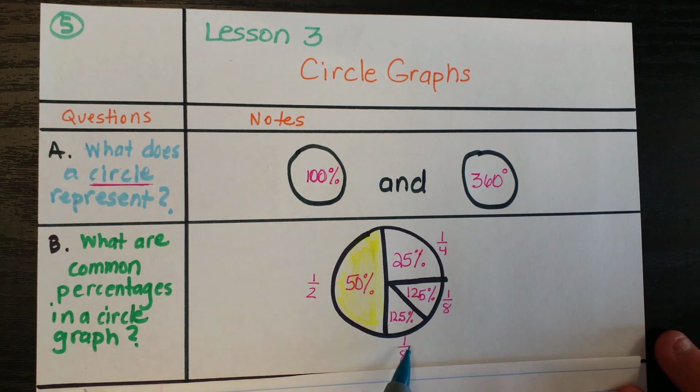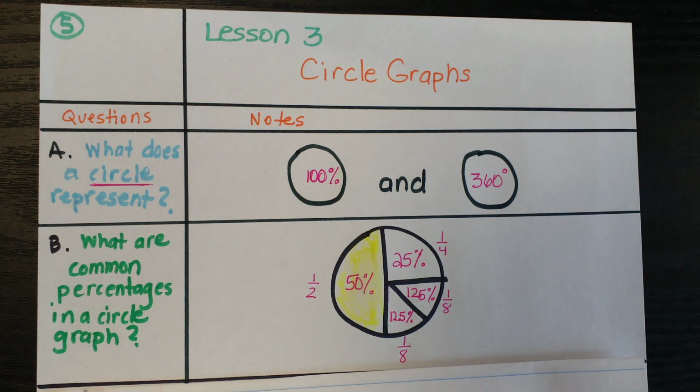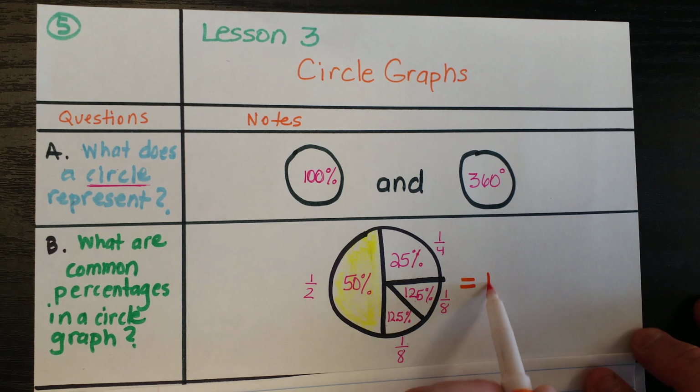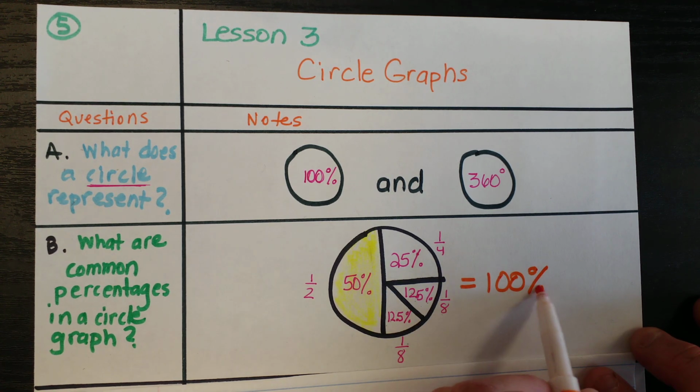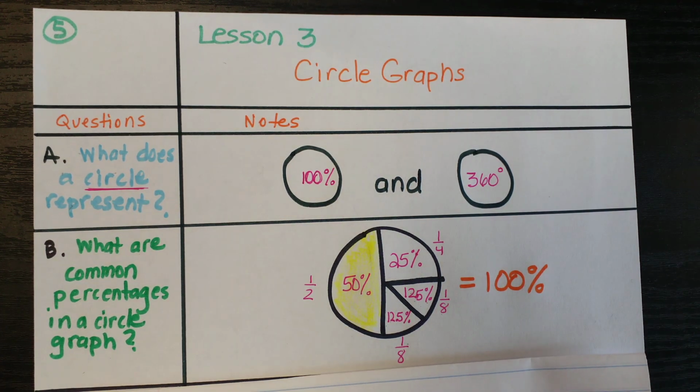And these are 1/8 of a circle or 12.5%. Now, if we were to take a calculator and add all of that together, all of that would calculate to a full 100%. So a circle graph always represents 100% of the data that it is displaying.